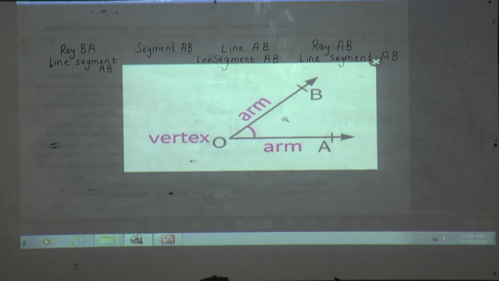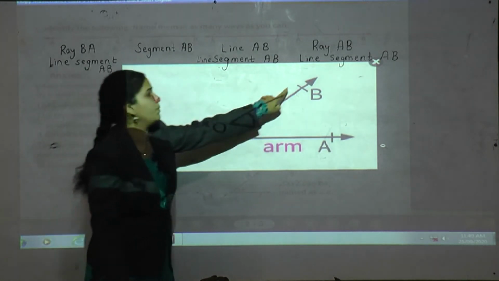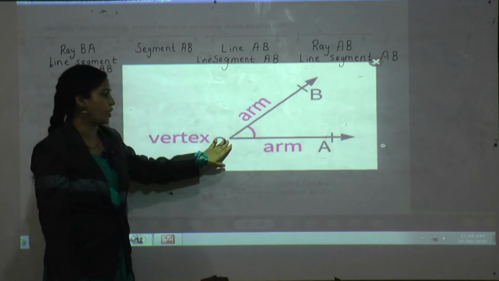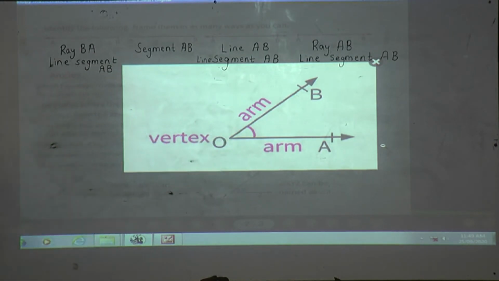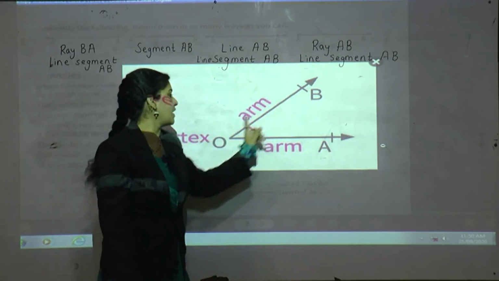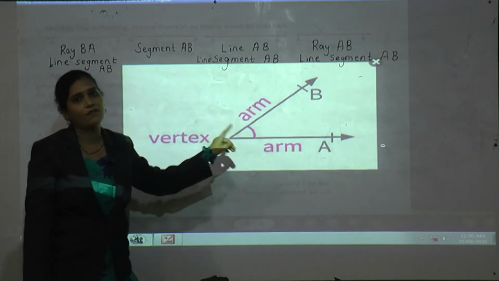When two rays, OB and OA, meet at a point O, an angle is formed. When rays OB and OA meet at a point O, the angle has formed.